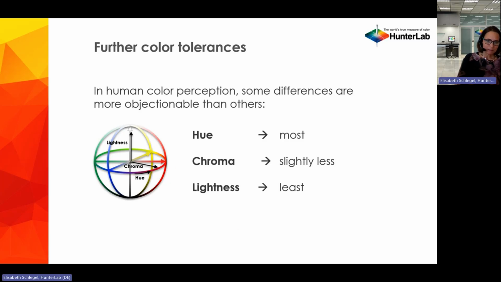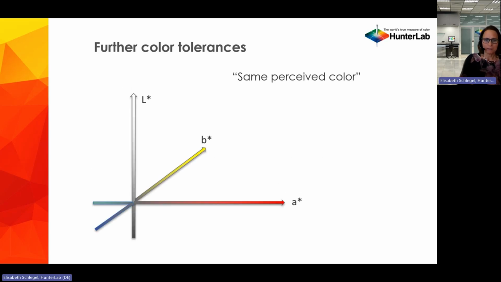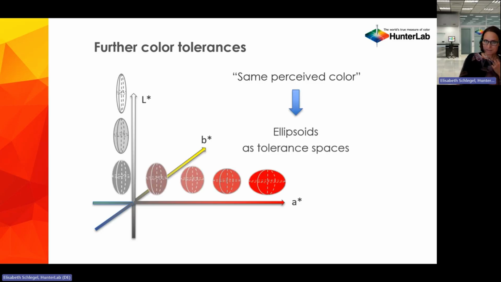And now there was another experiment done. If you give people a certain standard color and ask them to sort some other colors which are similar to that color, you will find that it's not a sphere around the standard, but it's ellipsoids. So a similar color to that color here in the middle would be a little bit to the left, to the back and forth, but very much to the upper and lower part. So I have ellipsoids here, which are getting more and more narrow to the top of the L-axis.